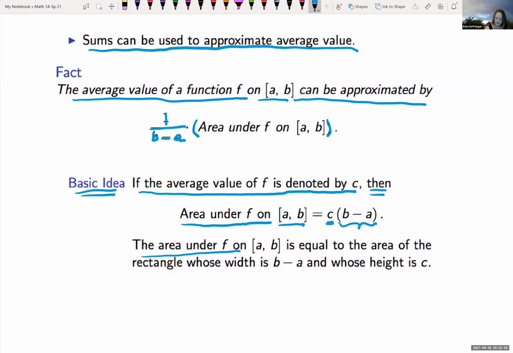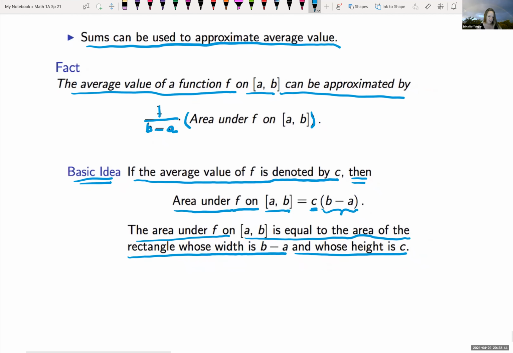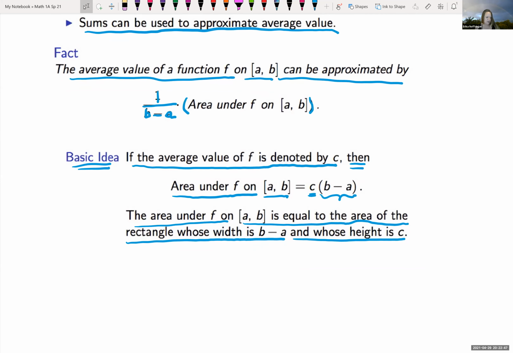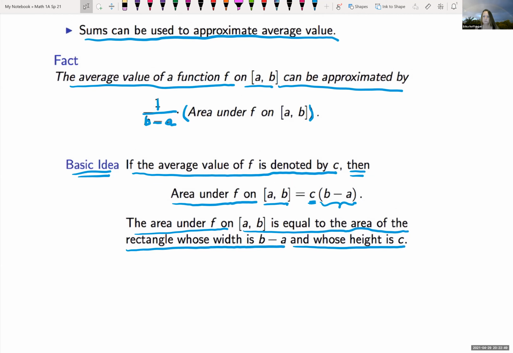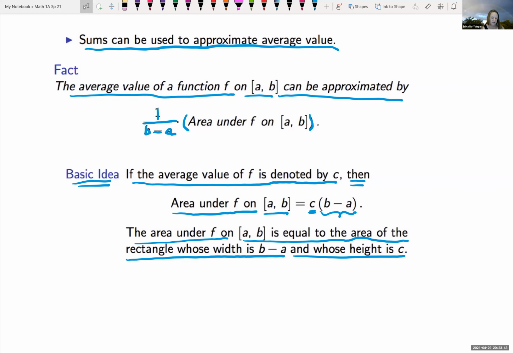So the area of f on AB is equal to the area of the rectangle whose width is b minus a and whose height is c. So if the area of f on AB is equal to the average value times b minus a, then we should be able to find the average value.